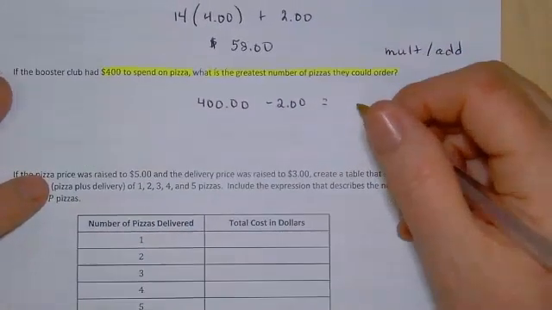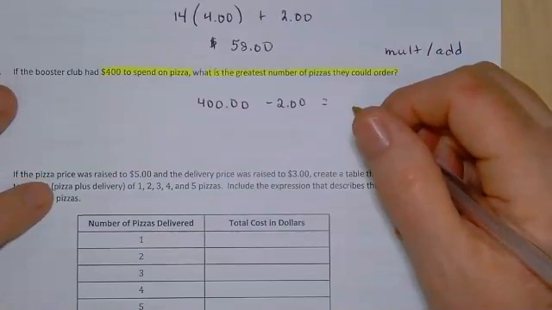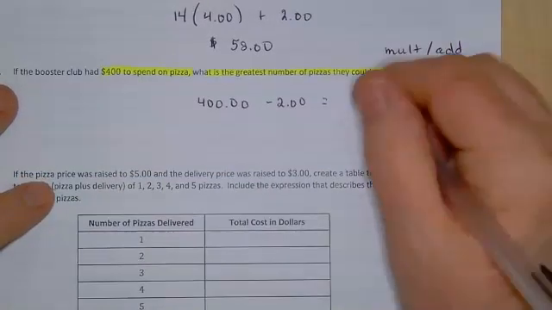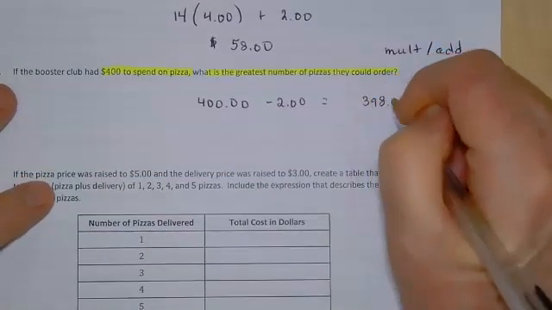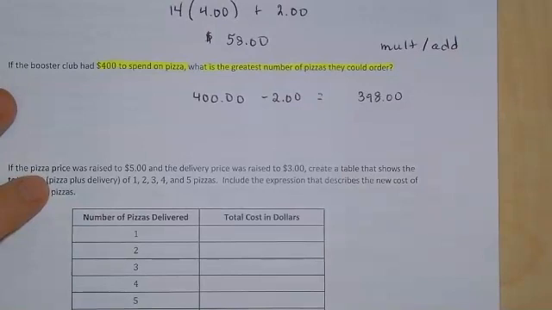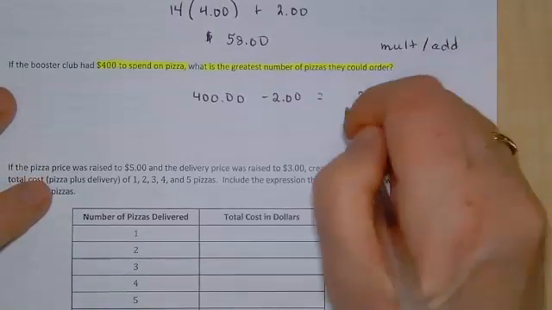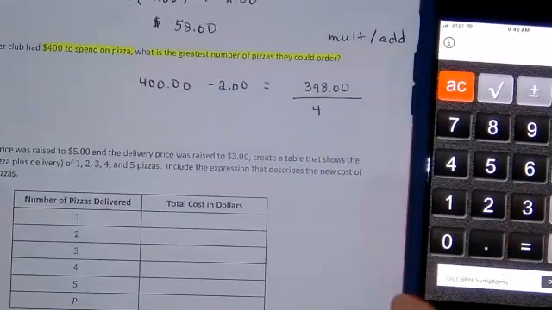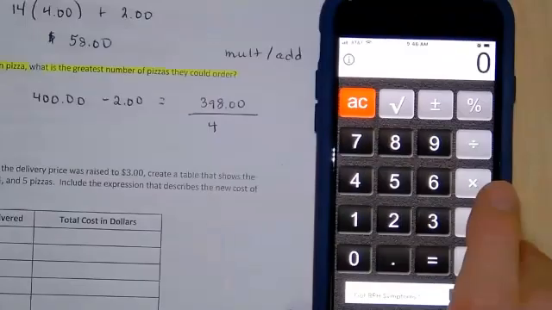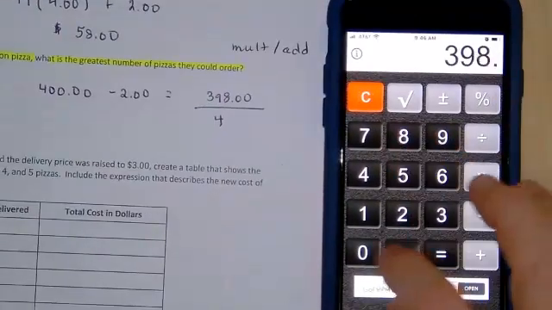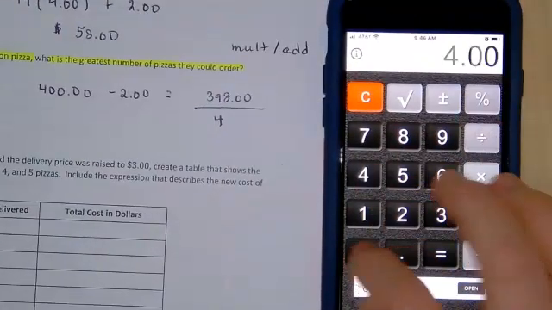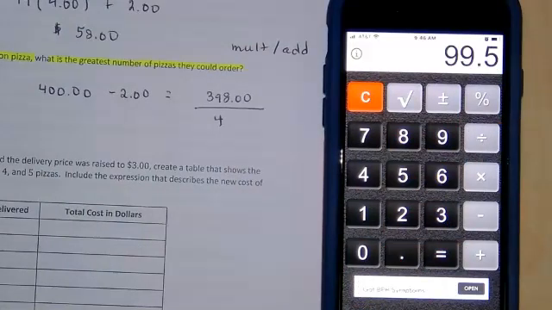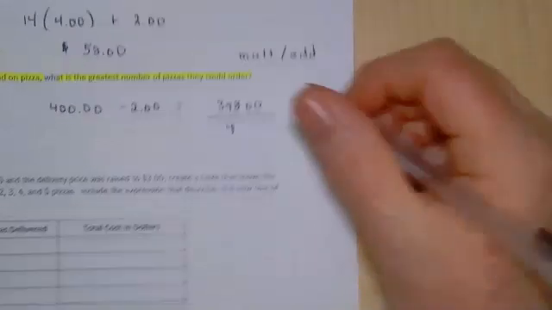What do I have left to spend on pizzas? $398 to spend on pizza, and each pizza costs $4, right? $398 divided by $4. 99.5 pizzas. Will they sell us half a pizza? How many pizzas can I get then? 99 pizzas.